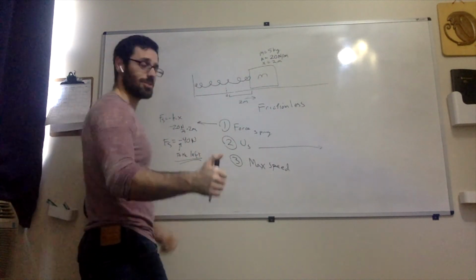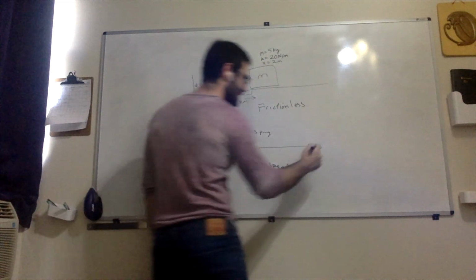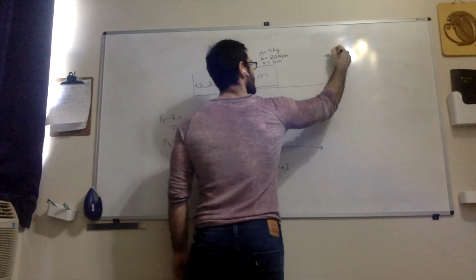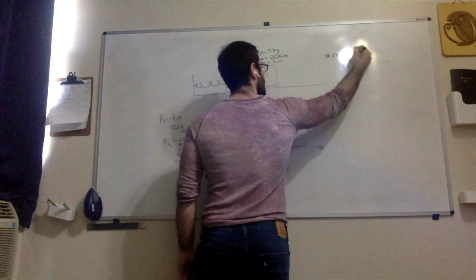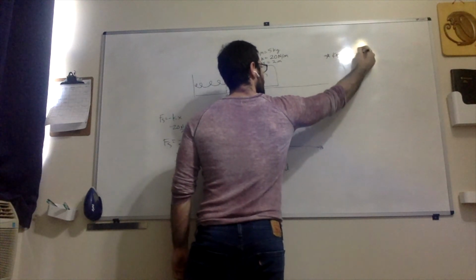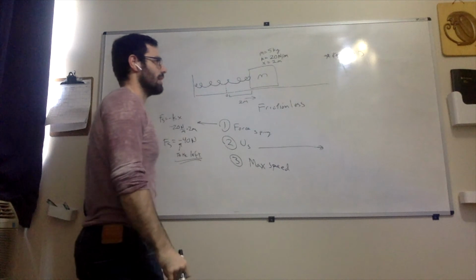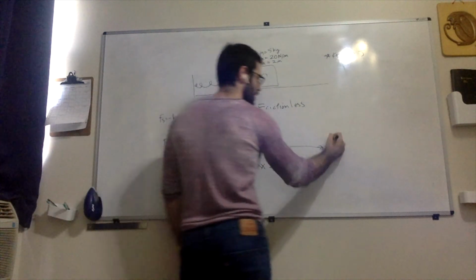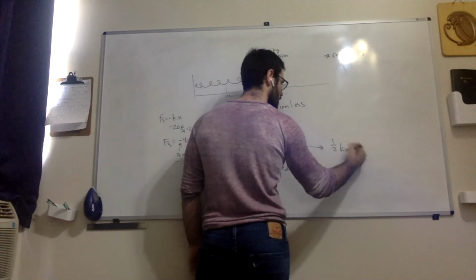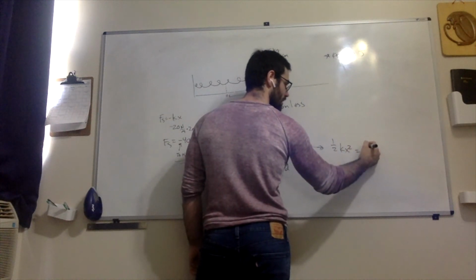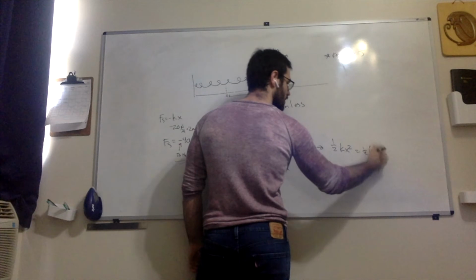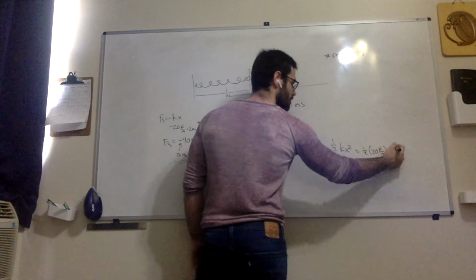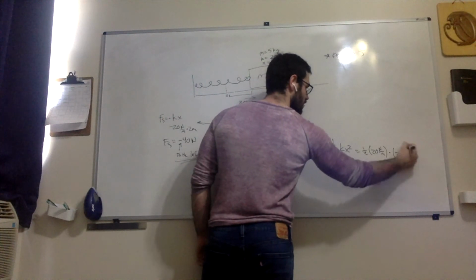We found something interesting but useless for the moment. Kinetic energy is 0 joules at that point. But for the potential energy of the spring, it's 1/2 kx squared, and we can calculate that as 1/2 times 20 newtons per meter times 2 meters squared.